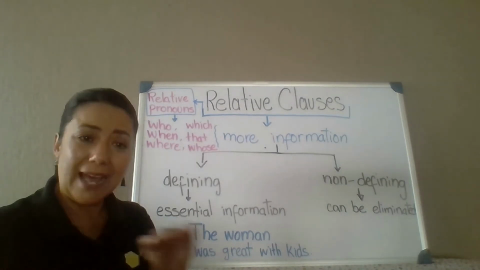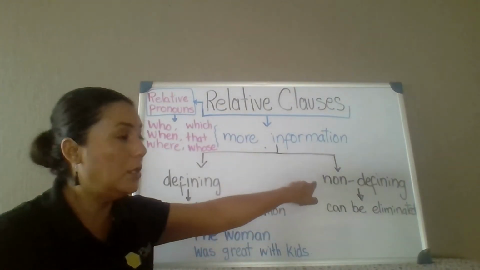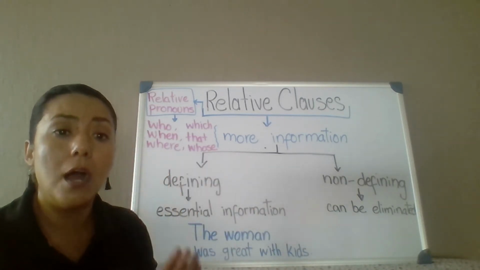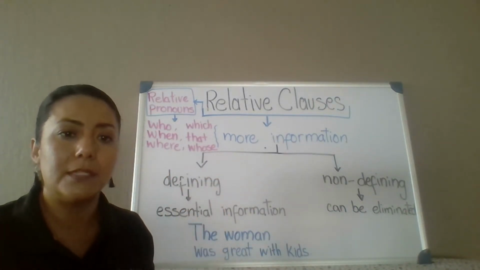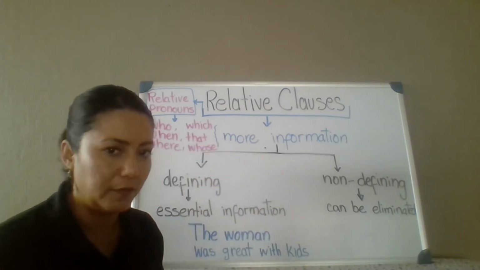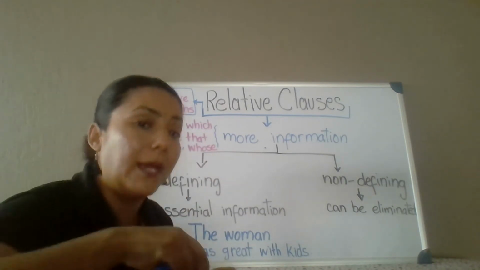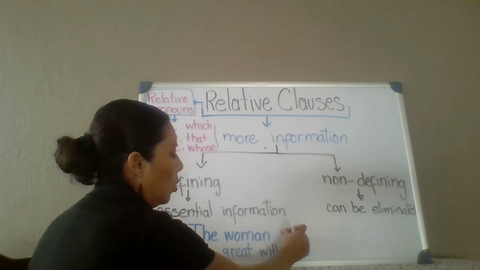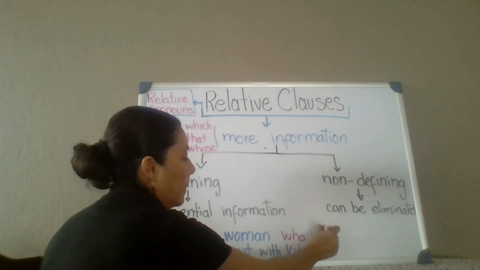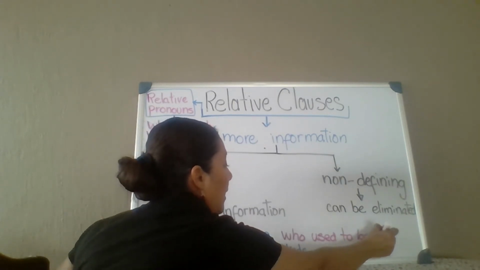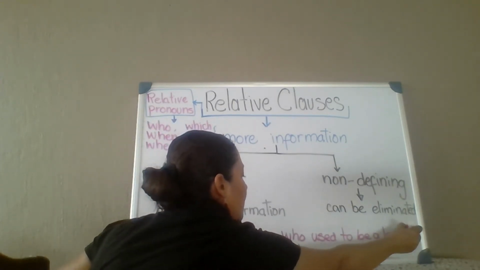Good. Now the last thing we need to know about non-defining relative clauses is they need commas. They need commas before the relative clause and at the end of the relative clause. So we're going to write the clause back.